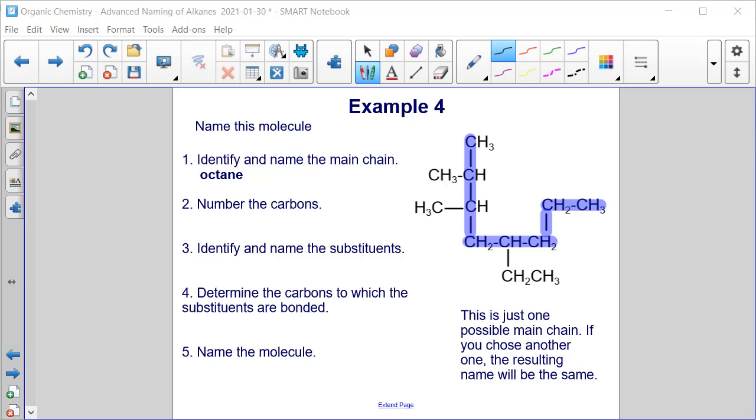The next step is to number the carbons. And so we've got to start from the end closest to any substituent group. If I start here, look at how far I have to go to get to this group, versus if I start here, it's just the next carbon. So it's pretty straightforward to start from here and say 1, 2, 3, 4, 5, 6, 7, 8.